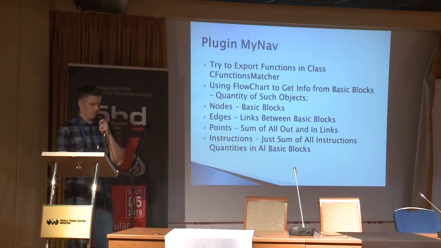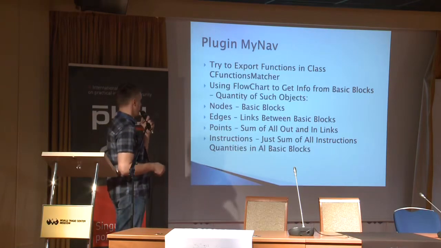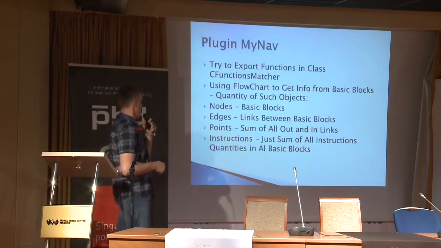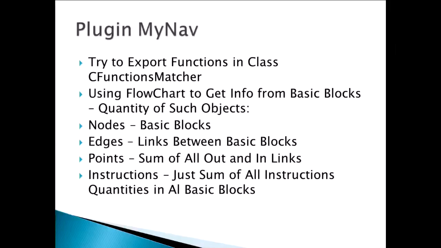It collects this class and uses a flowchart for it, and from the basic blocks collects a certain quantity of these objects. This is its internal name, like in the script it's called, and these nodes are basic blocks.